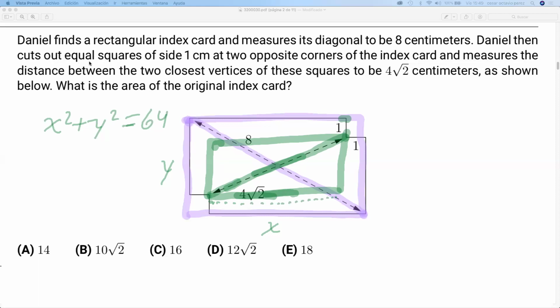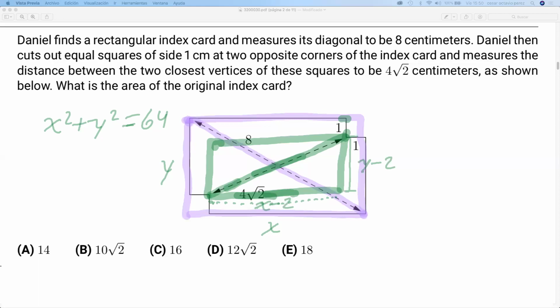Daniel cuts equal squares of side 1. He cut 1 centimeter here, 1 centimeter here, or maybe inches. I don't know. But he cut 1 and 1. So what is the measure of this side? X minus 2. Yes. And what is the measure of this side? Y minus 2.